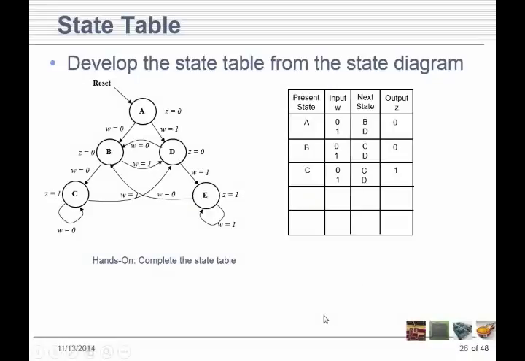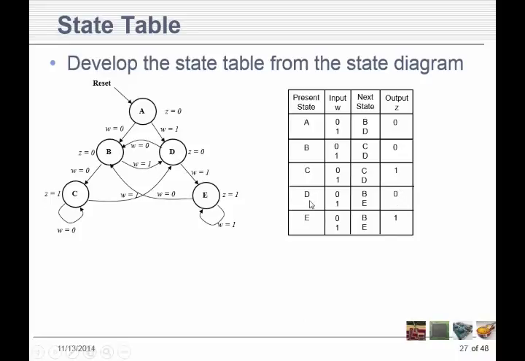Okay, I thought somewhere in here we just completed the table. So normally I would say here, have a little quiz and complete the state table. But what I'm going to do is just complete it and keep moving. Okay, so if we're in state D, that's our current state.